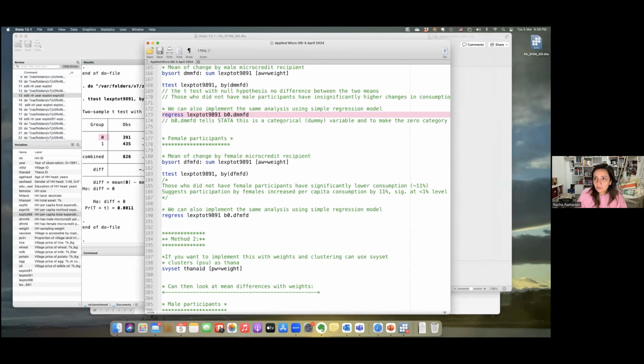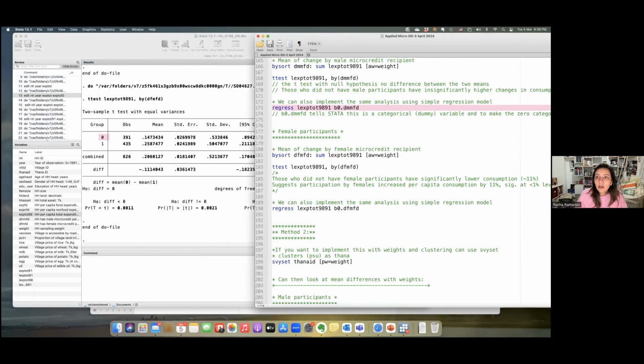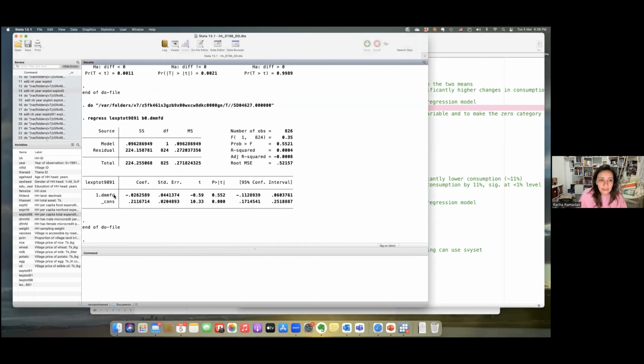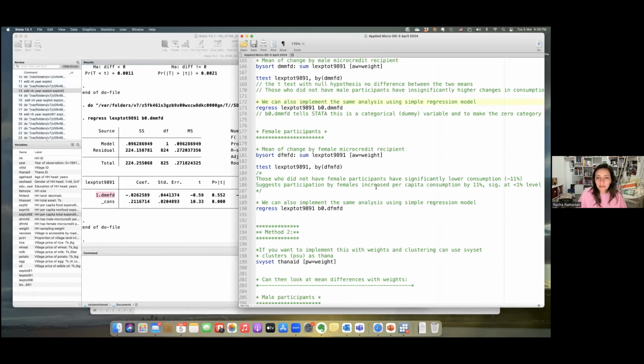I will simply run the simple regression. And here you can see that having in the household a male who has access to microcredit has no significant impact on the change of the total expenditure per capita between 98 and 91. So by simple comparison of the mean using the t-test and by simple regression, we can say that the male microcredit program is not significant.